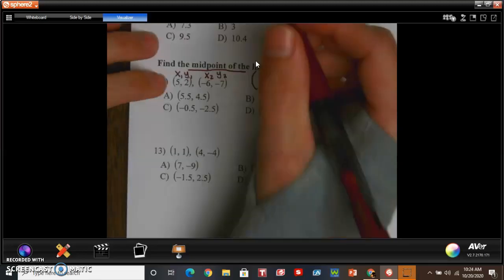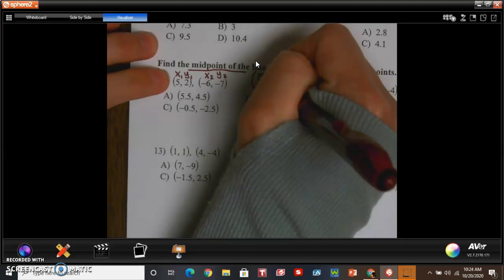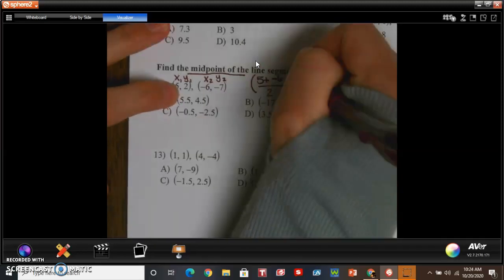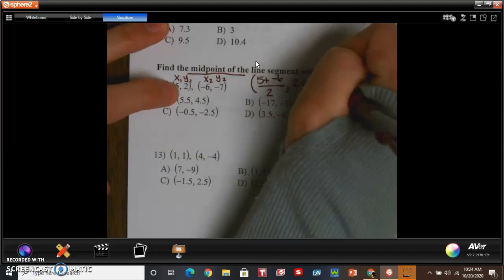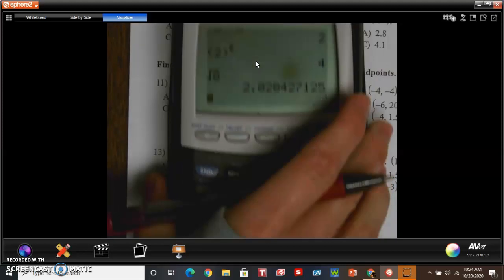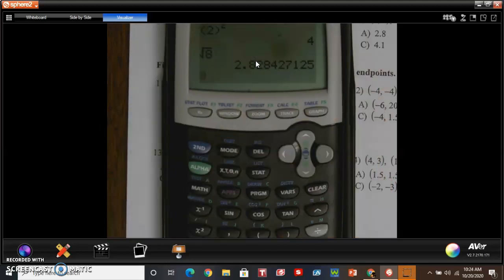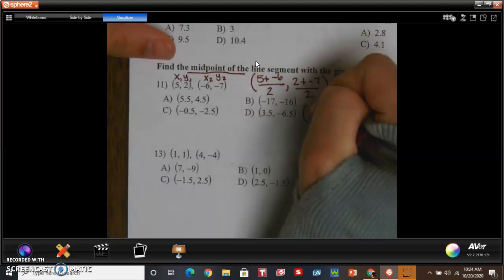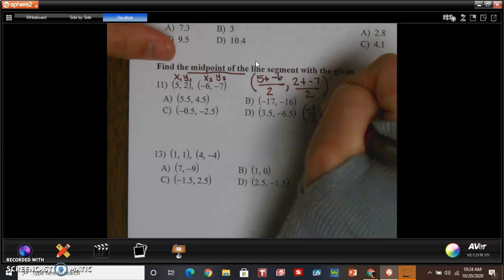So we're going to do 5 plus negative 6 divided by 2. And then we're going to do 2 plus negative 7 divided by 2. Again, if you're not good with positives and negatives, luckily we have these things called calculators. So 5 plus negative 6 gives us negative 1. So we have negative 1 divided by 2.